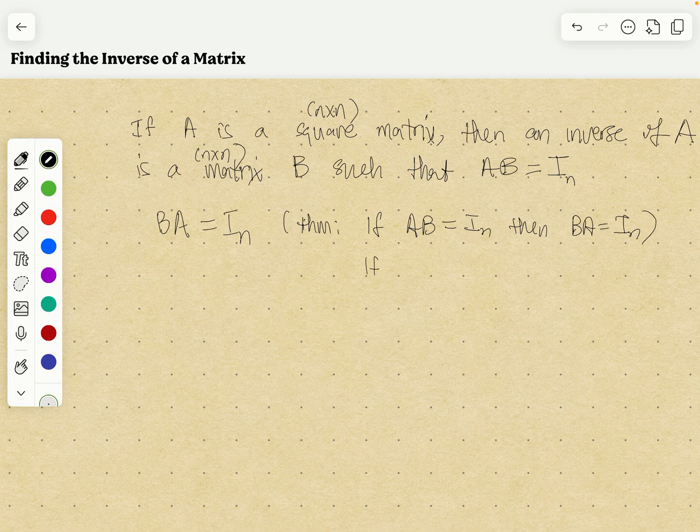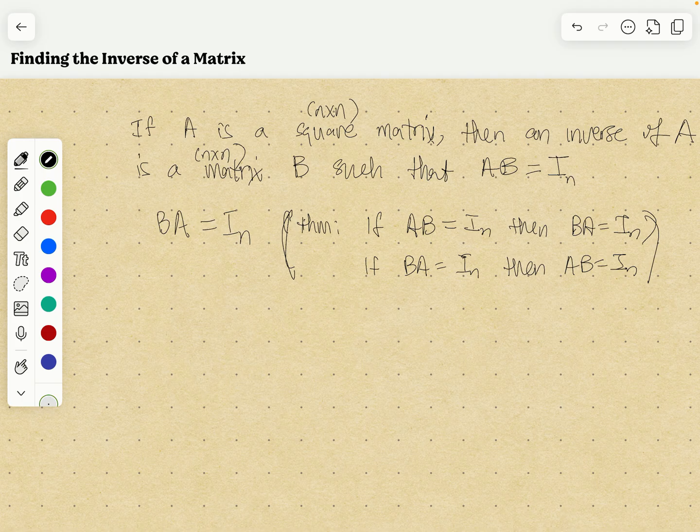If B times A is the identity matrix, then A times B is also the identity matrix, if we're talking about square matrices. So when you're checking if a matrix is an inverse, you only need to multiply it on one side. And if you get the identity matrix, then you know that if you multiply it on the other side, you'll also get the identity matrix.